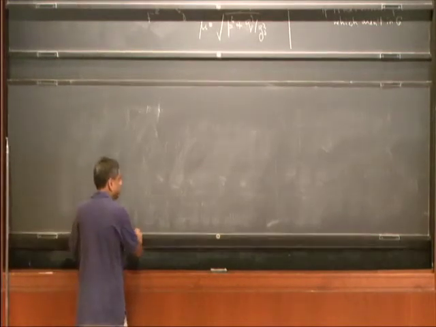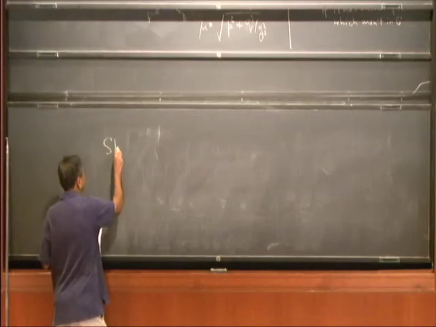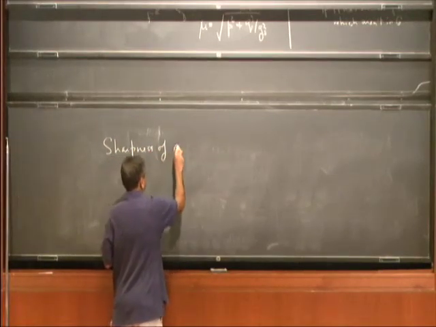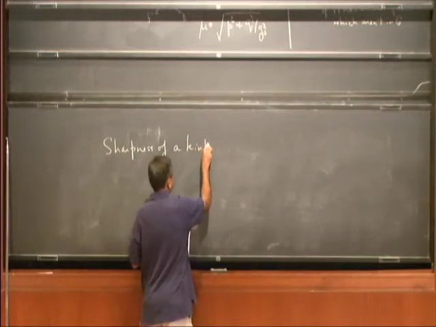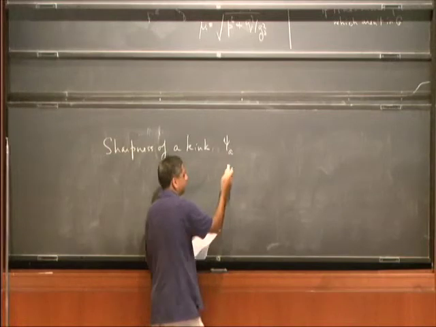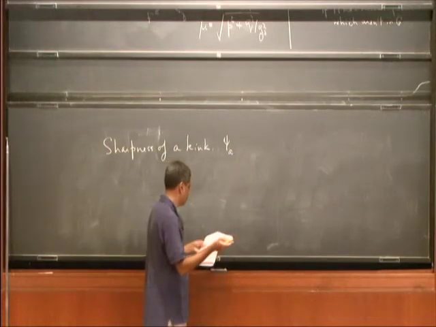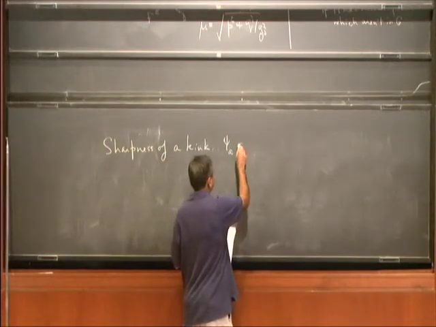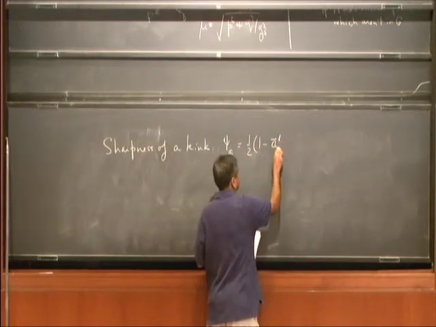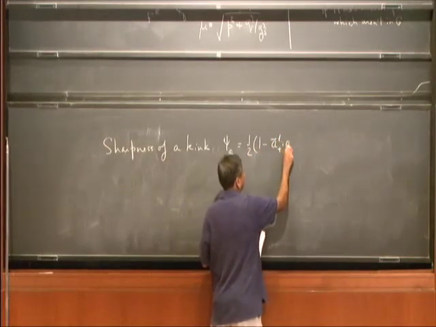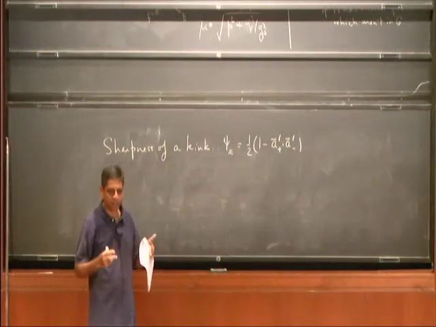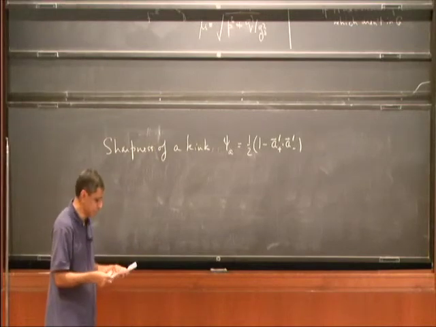So you can define what is called the sharpness of a kink, say psi, and let's say the sharpness in the left mover. This is defined to be half of 1 minus a prime after the kink dotted into a prime before the kink. So you can define some sort of sharpness of the kink.